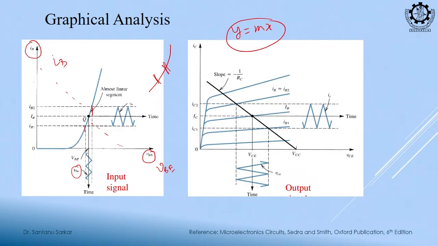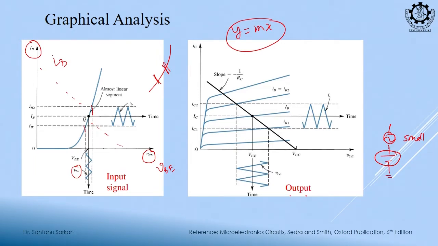Okay. First what you did? You gave a DC potential, DC biasing. On top of this, now you are providing an AC signal, and what is the condition? This AC signal should be small. Why small?